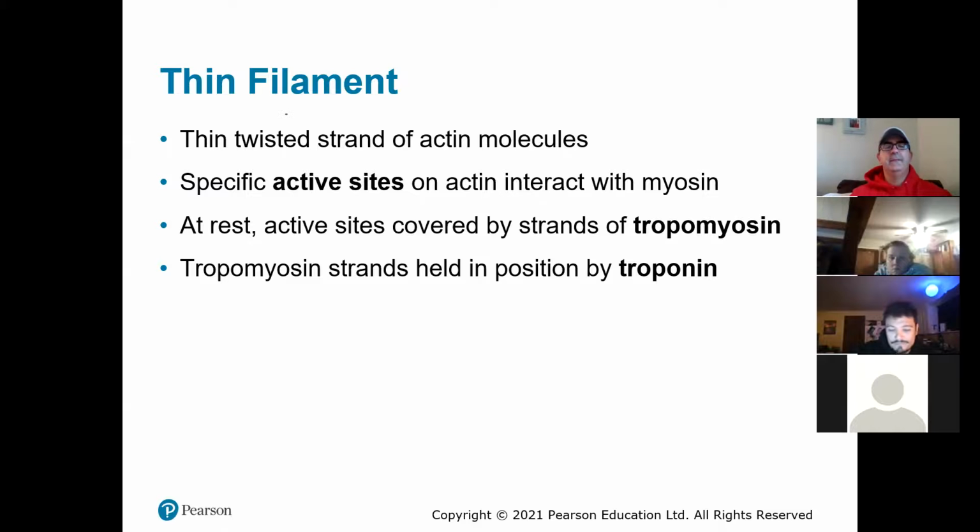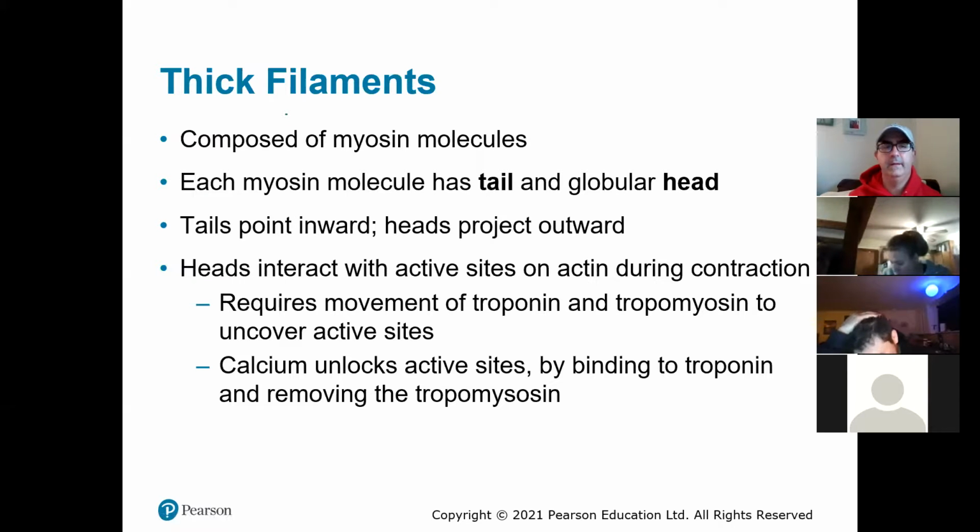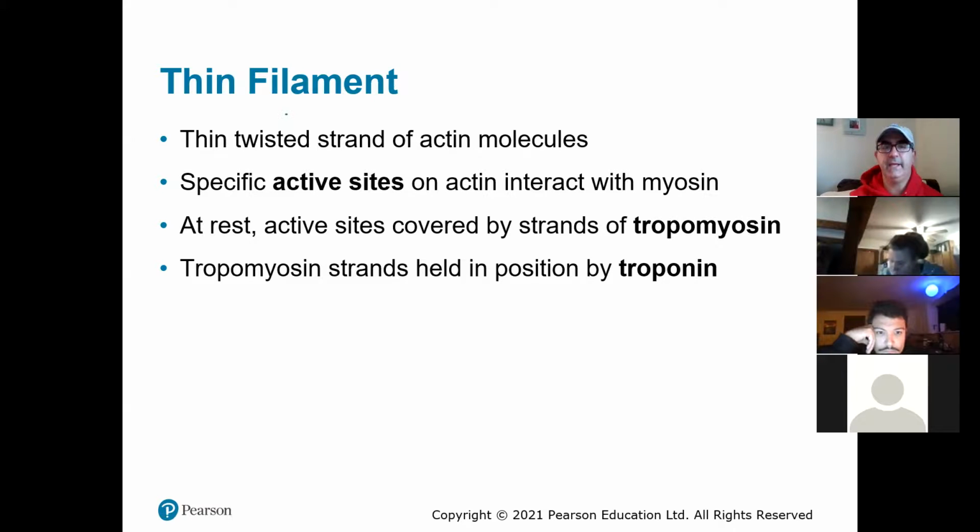When the muscles are at rest, the thin filaments are covered up by tropomyosin and troponin. The thick filaments, which are made of myosin, want to grab onto the thin filaments. So they see a specific site on the thin filaments called the active site. Myosin sees that active site and grabs a hold of the thin filament at that actin site.